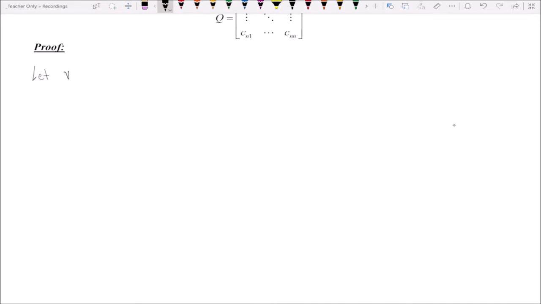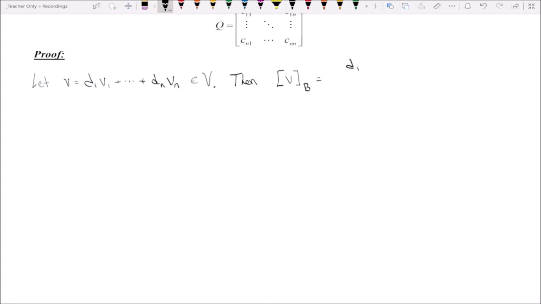So what we're going to do is say, let v equal d1v1 plus so on and so forth plus dnvn be some vector in our vector space V. Then, of course, our coordinate vector for v with respect to B is the vector d1 through dn.